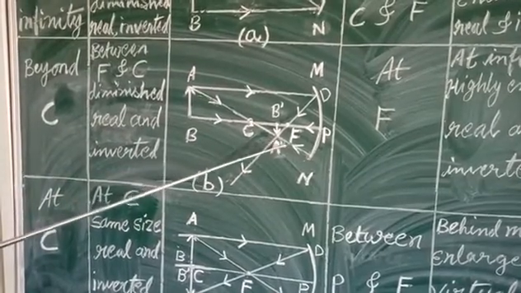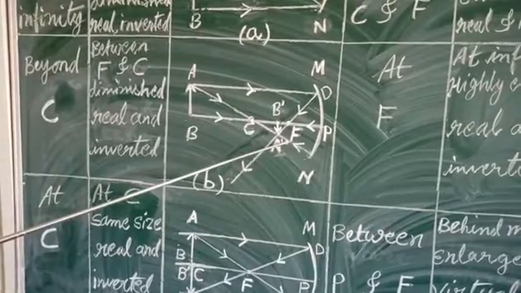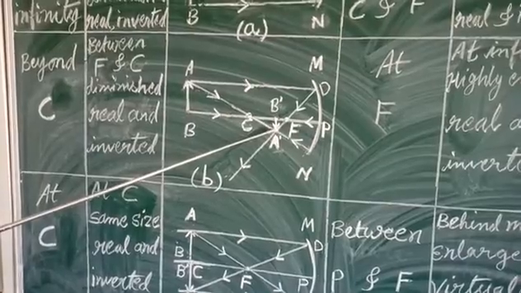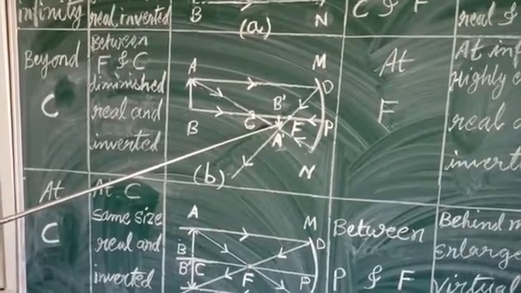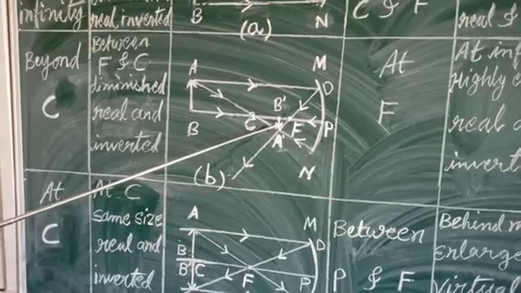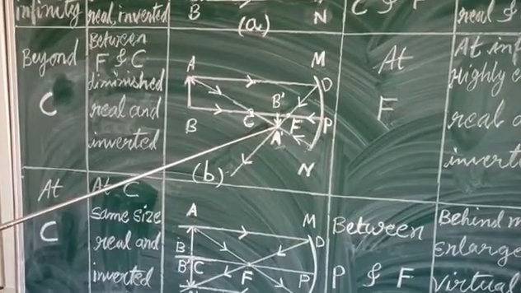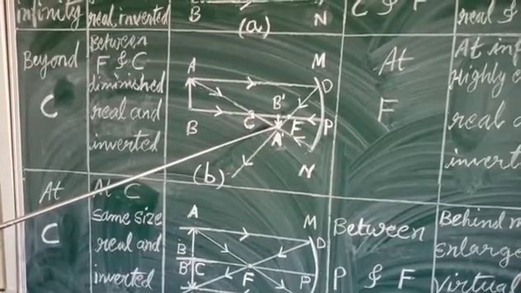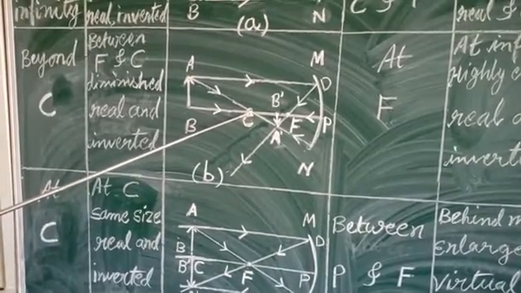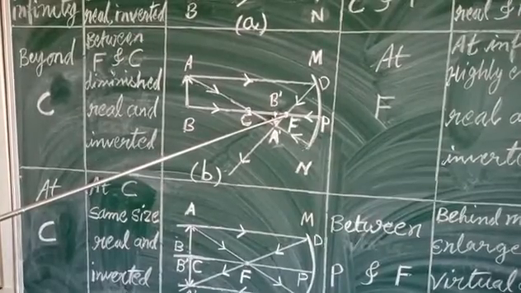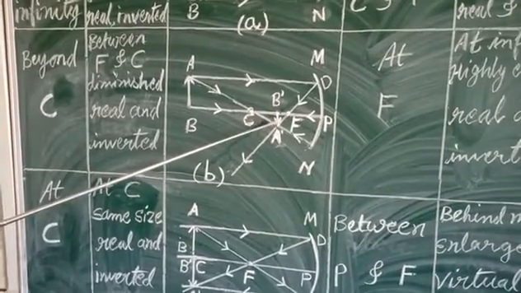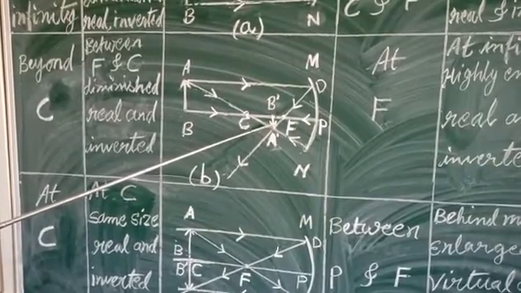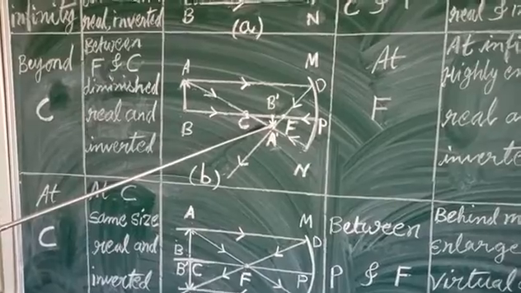Here both the reflected rays intersect. So at the point of intersection, the image is formed, and the size of the image is little smaller than the object. The image is formed between the center of curvature and the principal focus, and the nature of the image is also real and inverted.